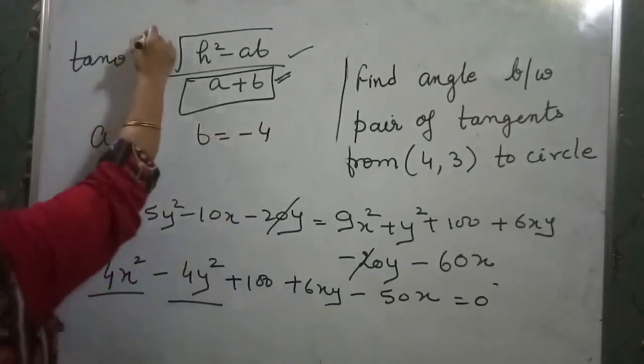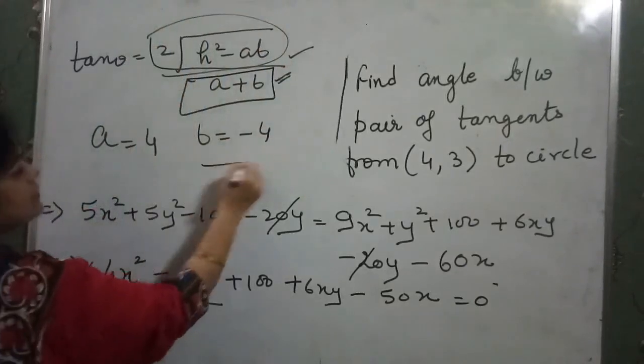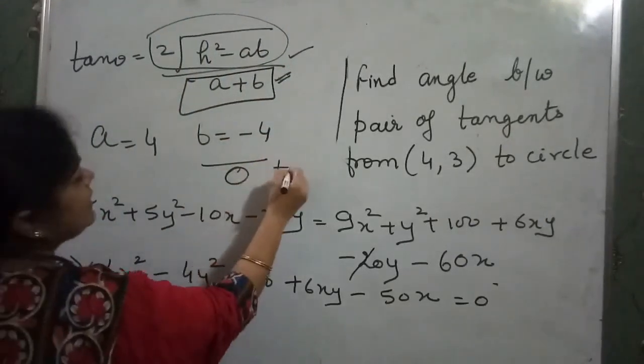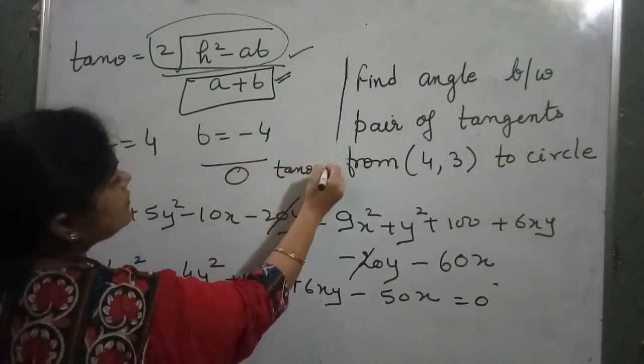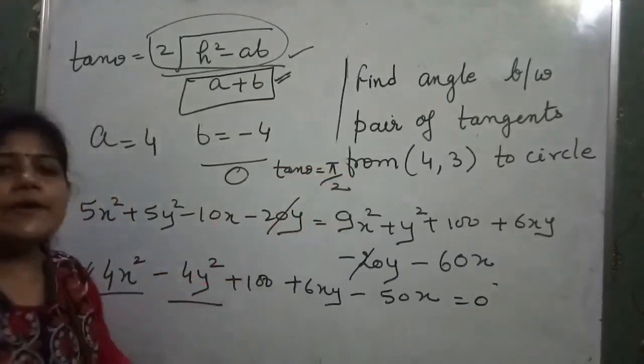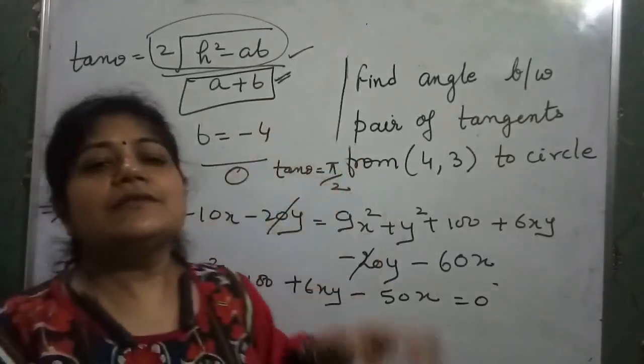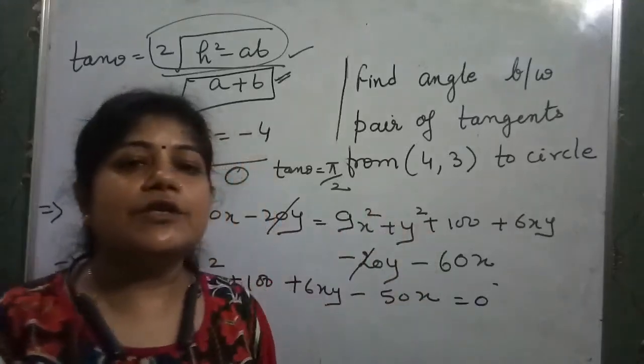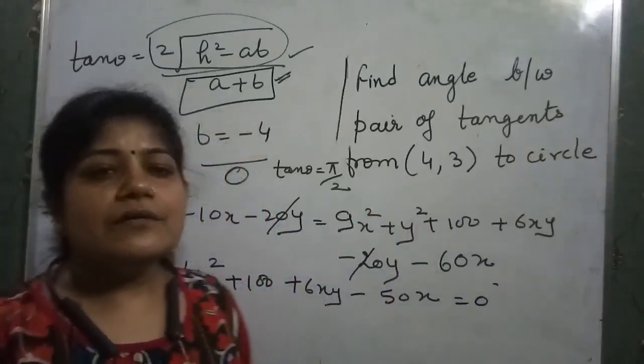So a plus b is 0, and no matter what the numerator is, dividing by 0 means tan theta becomes infinite, so theta is pi by 2. So the angle between the two tangents here is 90 degrees. That means they are perpendicular to each other. Clear?